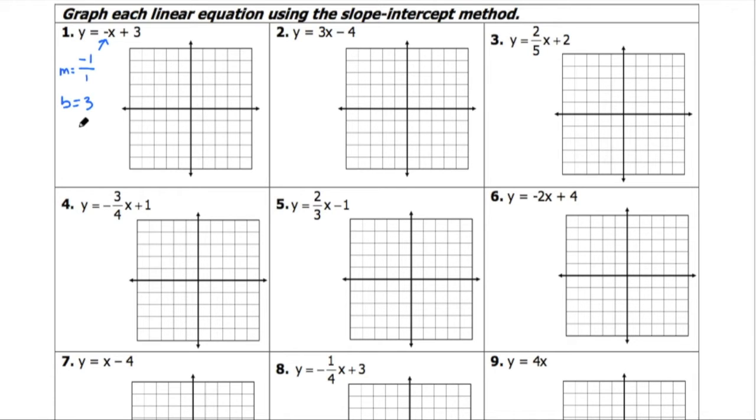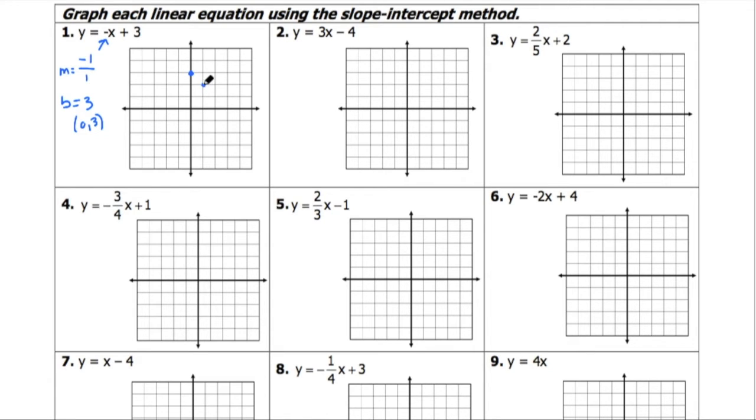So because our y-intercept is 3, or (0, 3), we would go up 3 and put a point at (0, 3) on the y-axis. Now our slope is negative 1 over 1. So that's a negative 1 rise, or down 1. And then we're going to move over 1 to the right, and there is another point that will be on our graph.